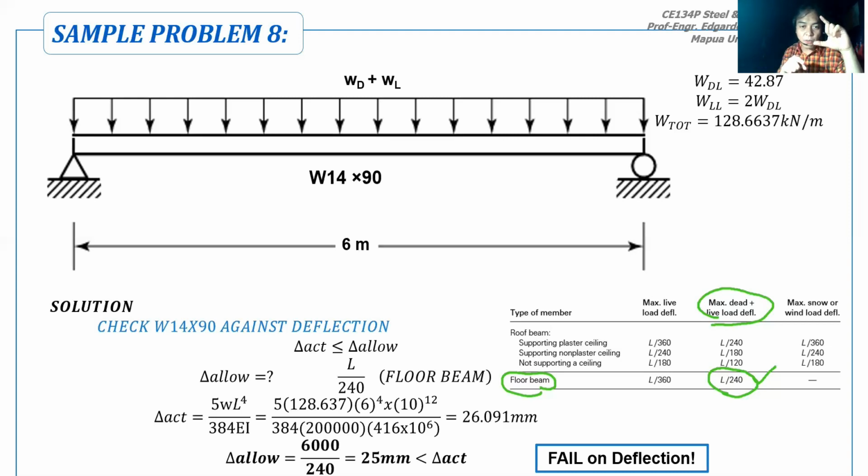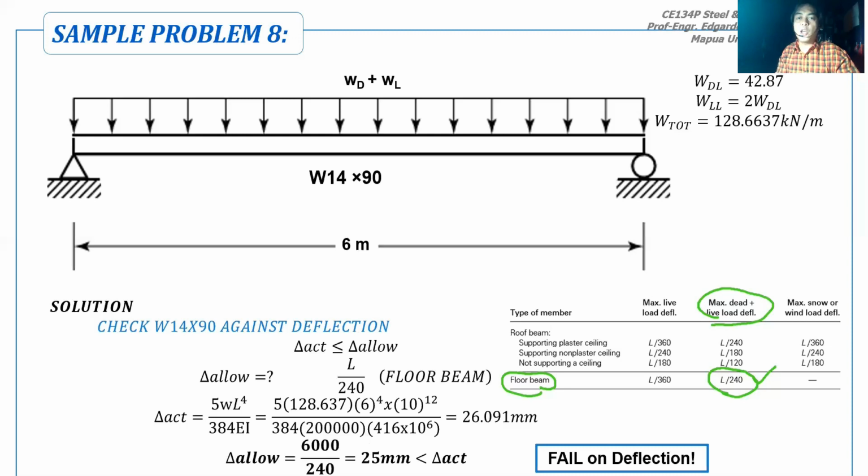Or you can use a new W14 by something, choosing a section with a larger moment of inertia. The moment of inertia here is 416.